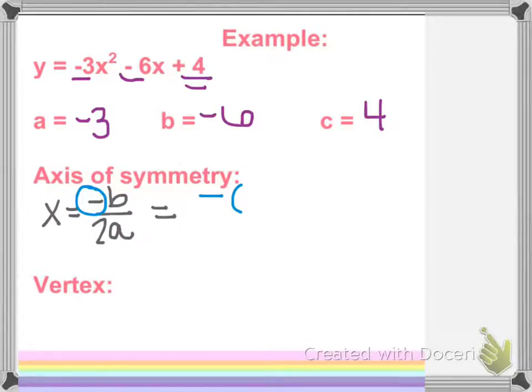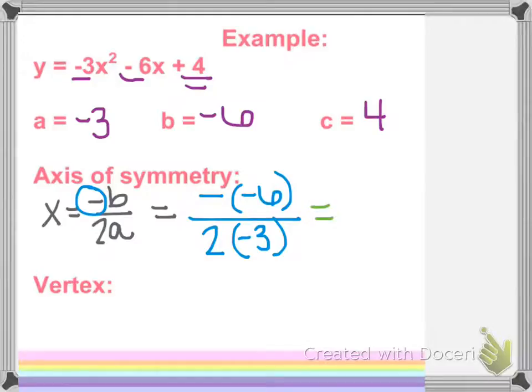The b I'm plugging in is right here, negative 6, so that whole thing goes in the parentheses, over 2 times my a, which is negative 3. So I just used the formula, and I plugged in b and a because that's what it asked for. Now I simplify that equation.